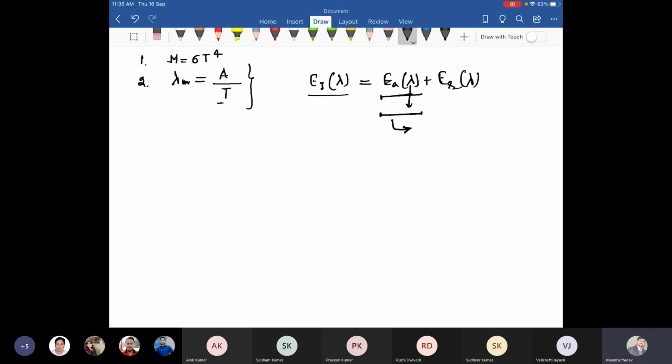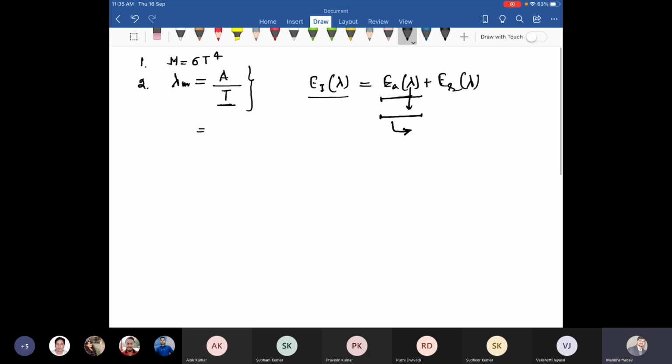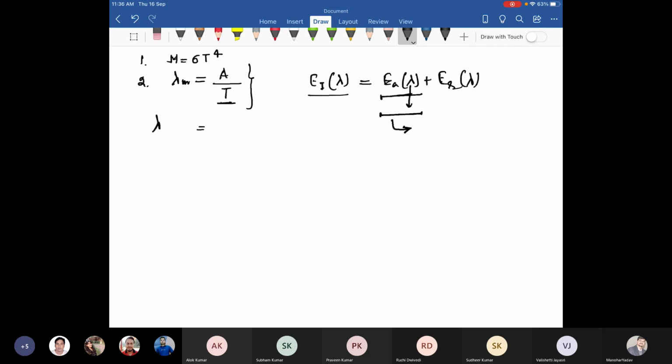If we consider 300 degrees Kelvin for the Earth, then for this Wien's displacement law, I expect you to calculate: what is lambda m in the case of the Sun and what is lambda m in the case of the Earth? So calculate lambda m in the case of Earth.